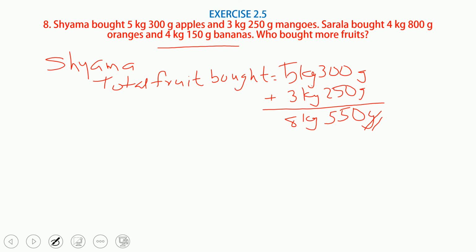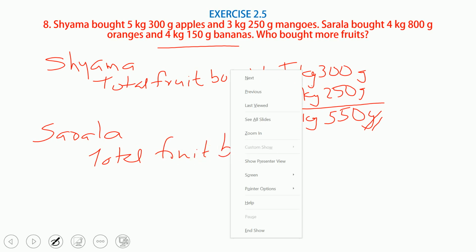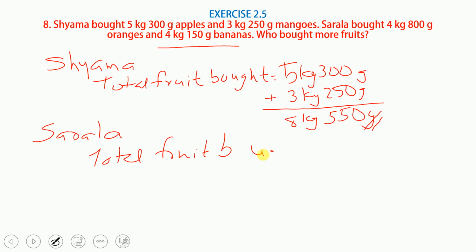Now the next is Sarala. Sarala's total fruit brought is equal to what?